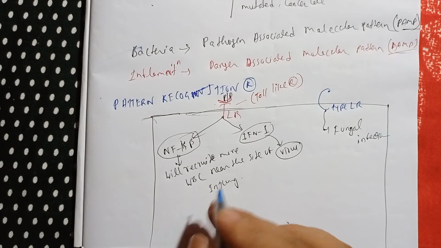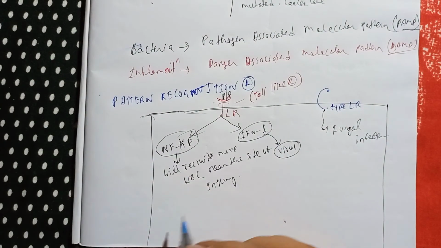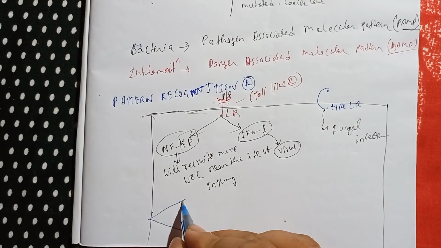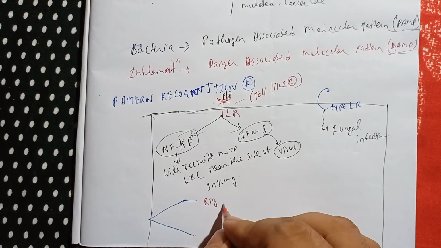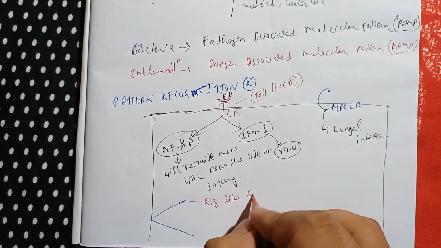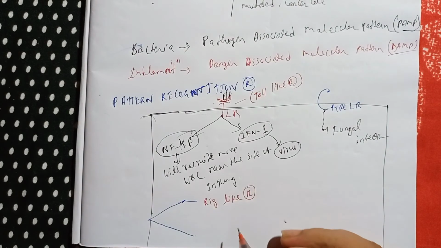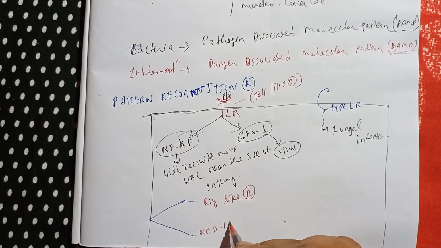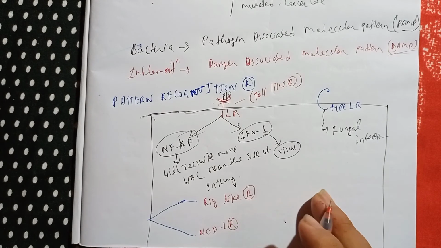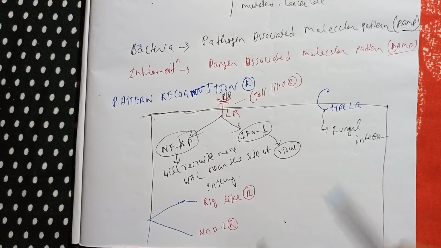Within the cytoplasm we also have receptors. First we can see the RIG-like receptor, and we also have the NOD-like receptor that is related with the inflammasome.